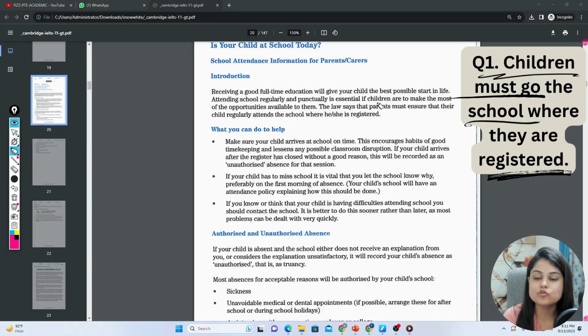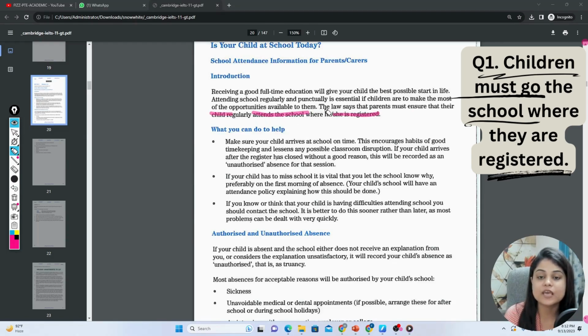You have to search for the words children, registered, go to school and attend the school. We got them over here. Okay, so we found the keywords here, and child also. So now we have to read from here.